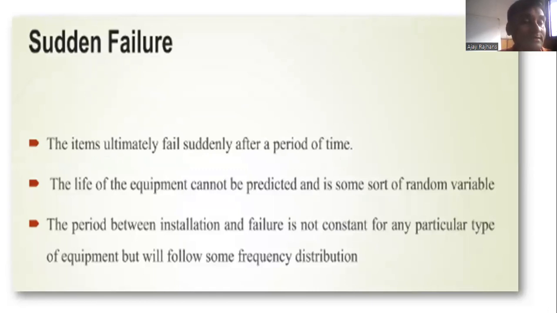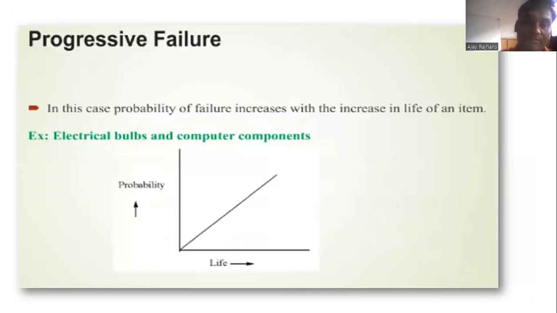In sudden failures, the items ultimately fail suddenly after some period of time. The life of the equipment cannot be predicted, as there are random variables involved. The period between installation and failure is not constant for any particular type of equipment, but will follow some frequency distribution.